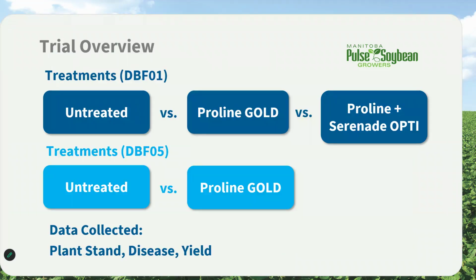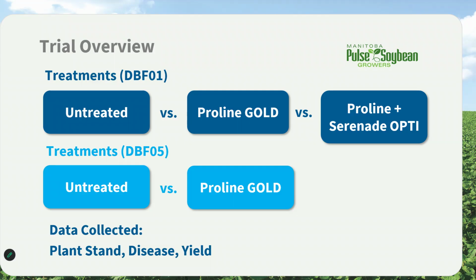At dry bean fungicide 01, we had 3 treatments: untreated compared to the fungicide Proline Gold, and the third treatment was Proline Gold tank mixed with a biofungicide called Serenade Opti. At 05, we had just untreated versus a single application of Proline Gold. All of these were single application compared to none.